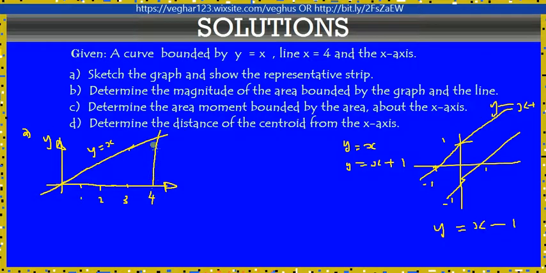You just draw a line. This is the x-axis. So the area that you are looking for is here. Then you will draw your strip here.